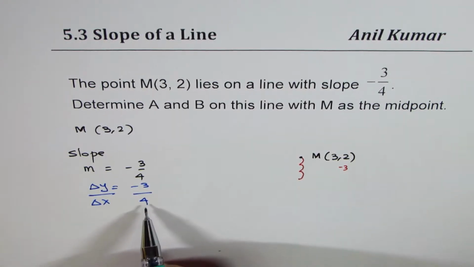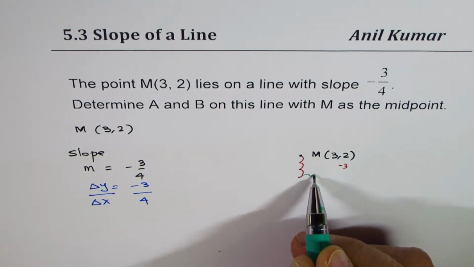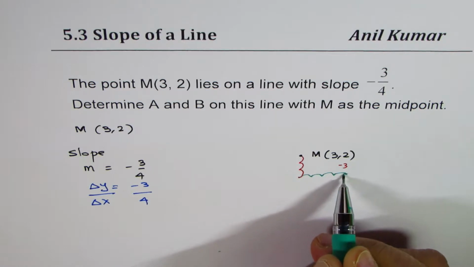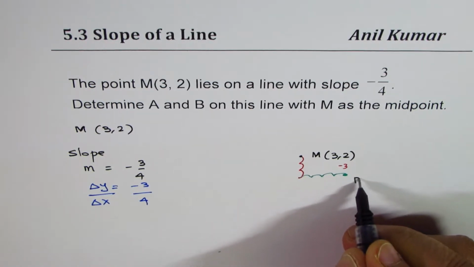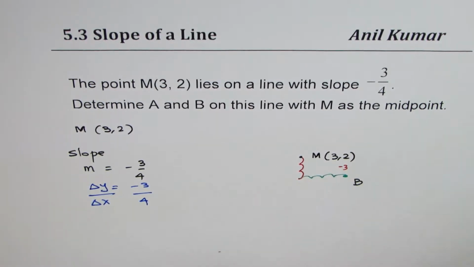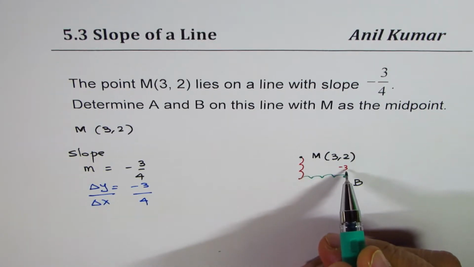And then 4 means going right 4. This is positive 4 along the x-axis. So let's say 1, 2, 3, 4. And we reach this place. Let us call this point B. So the coordinates of B should be, we went down by 3 units, so y value should be reduced by 3.